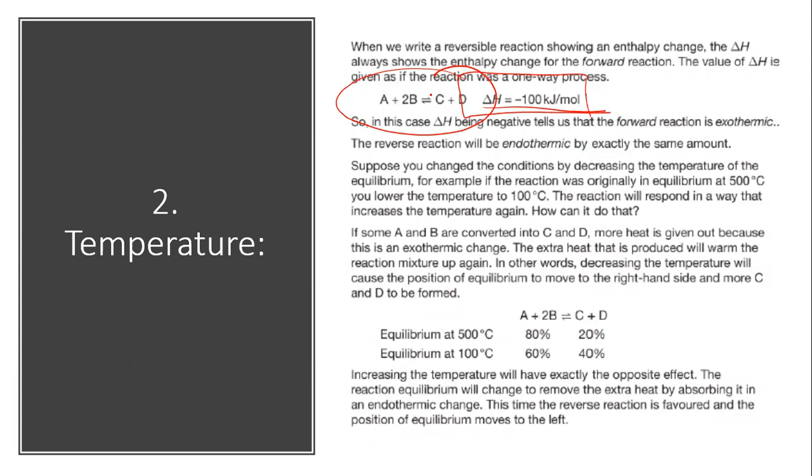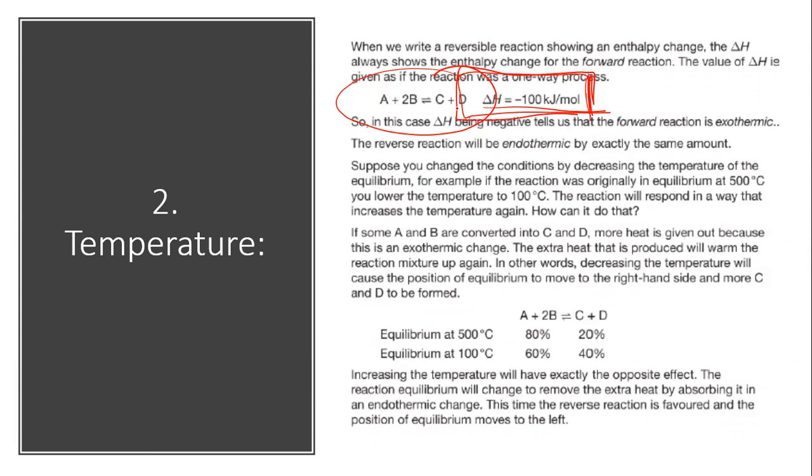So remember this, both the reactions are opposite to each other. If the forward reaction is exothermic, that means the backward reaction will be endothermic. So the values given in the questions are for the forward reaction. In this situation, the forward reaction is exothermic, so the backward reaction must be endothermic.